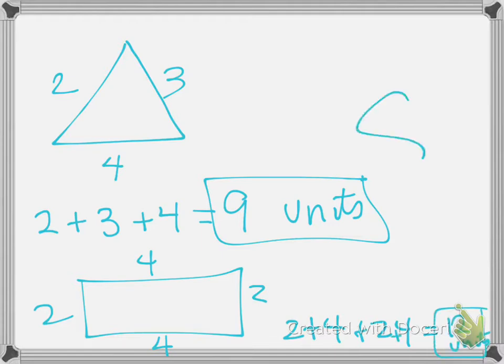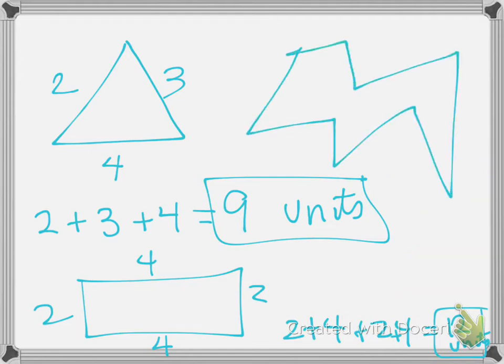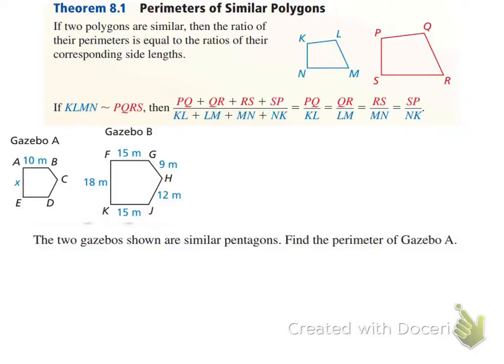Okay, and it could have as many sides, you would just add all the sides up and that would be the perimeter. So bring it back to this. This formula looks difficult and it looks scary, but I can guarantee you that it is not. So here's what you're going to write. You're not going to write what they have in the book. Here's what we're going to do for perimeter.